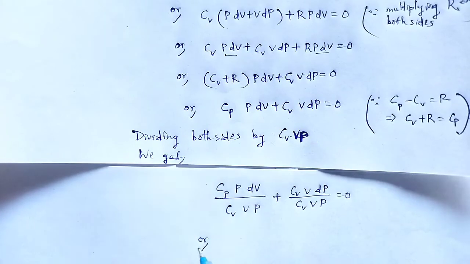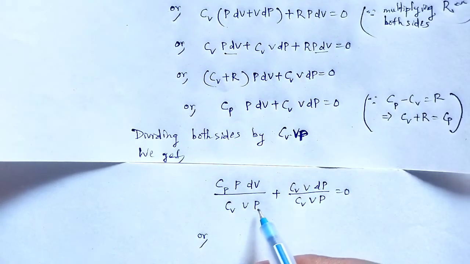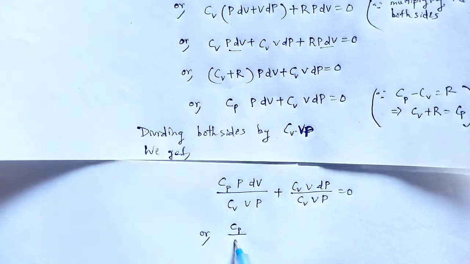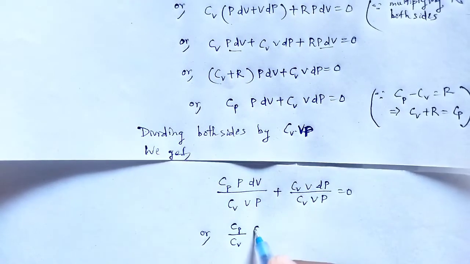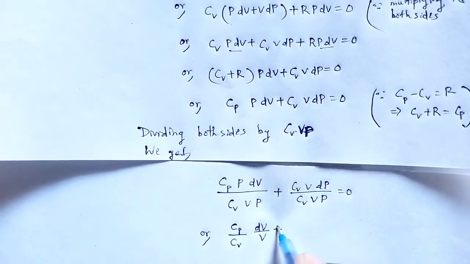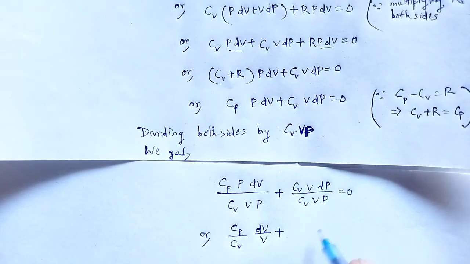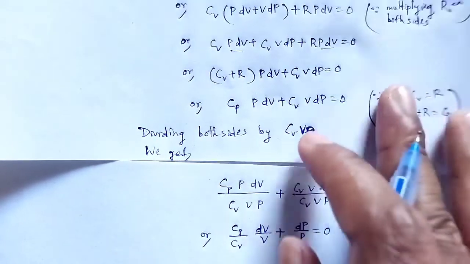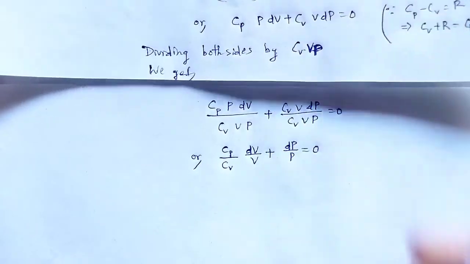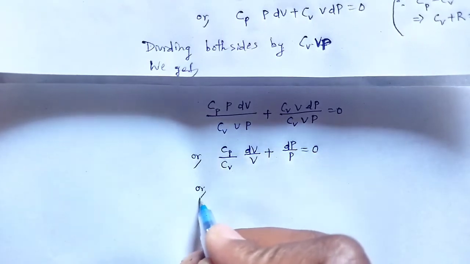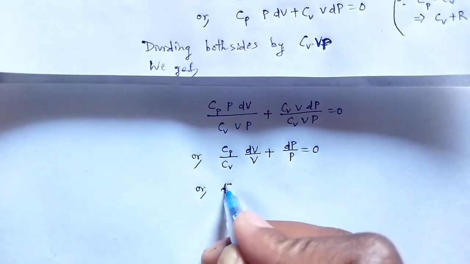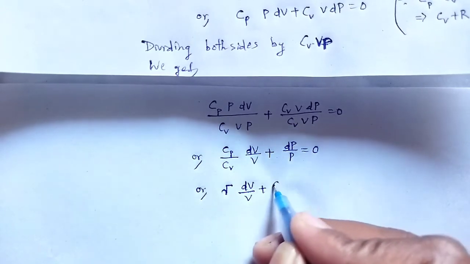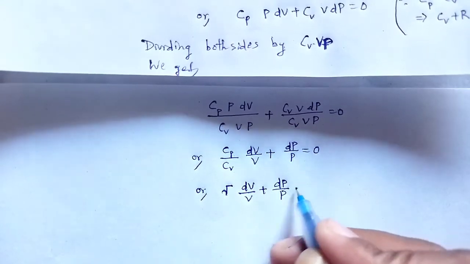P cancels out in the first term, giving Cp by Cv dV by V, plus Cv V cancels out, dP by P is equal to 0. So Cp by Cv is equal to gamma: gamma dV by V plus dP by P is equal to 0.